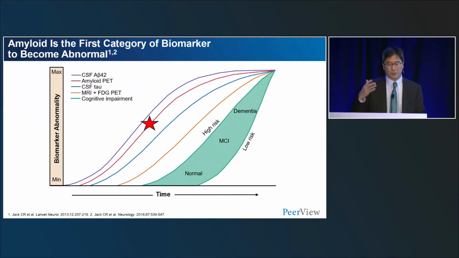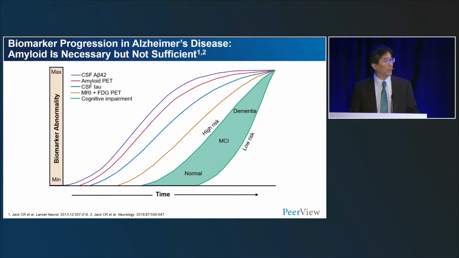Many of you are familiar with this, out of the paper by Dr. Jack, which talks about the cascade of biomarkers from amyloid to tau to neurodegeneration. The take-home point here is that amyloid is the first category of biomarker to become abnormal in that critical cascade. The corollary is that amyloid is necessary but not sufficient.